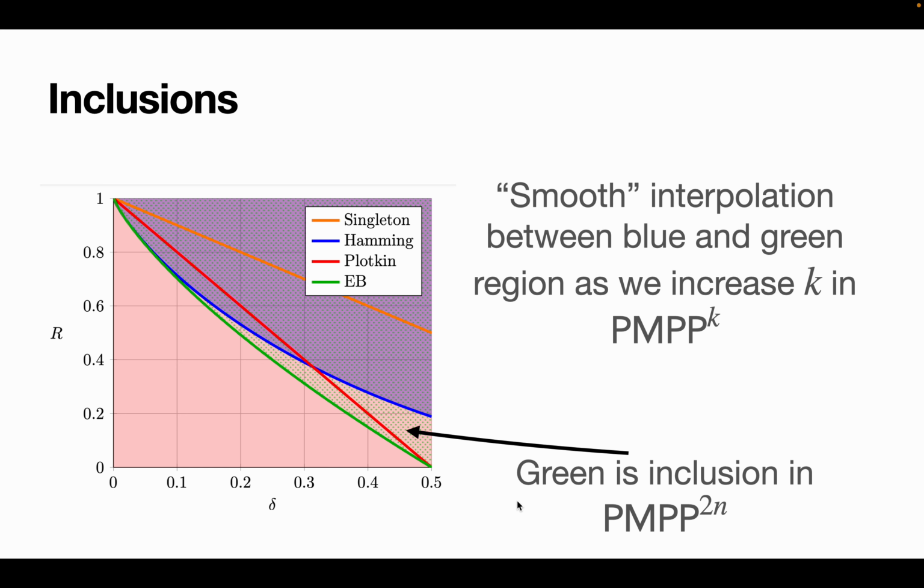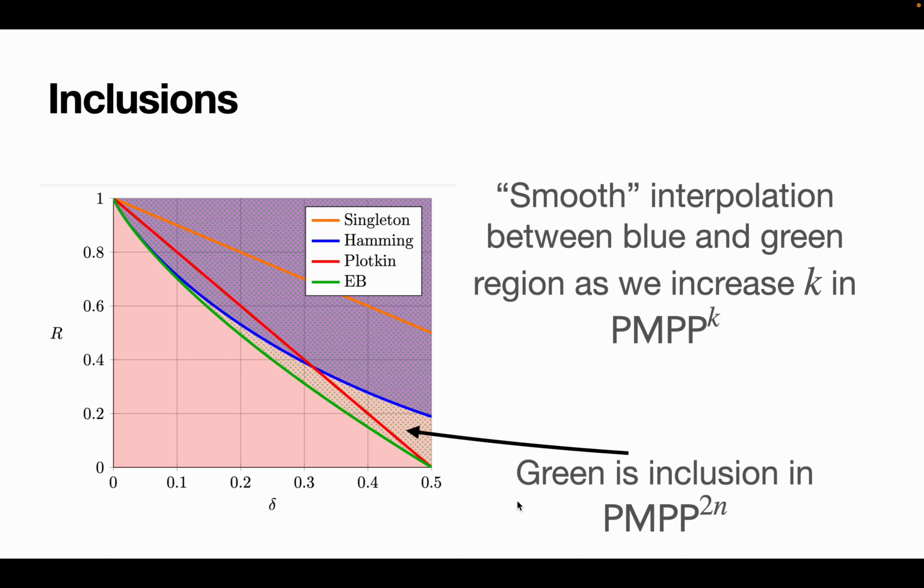But more interestingly, there's a smooth interpolation between the blue and green region as we increase k. What this means is the more collisions you can find in a compressing function, the better you can solve this SDP coding problem.